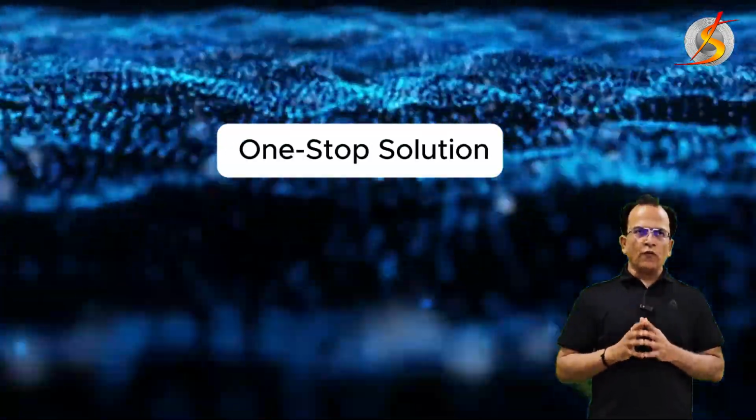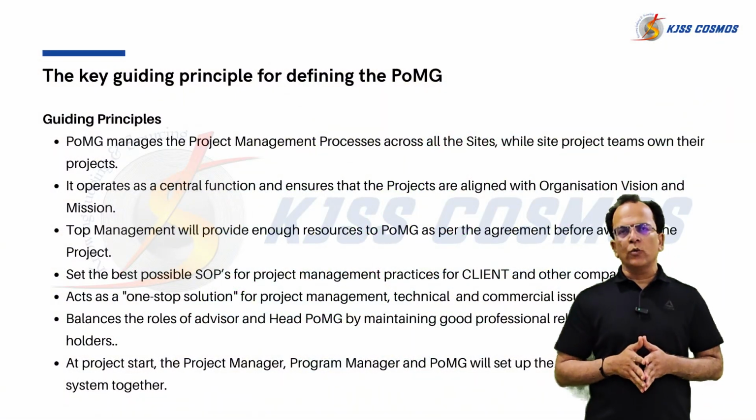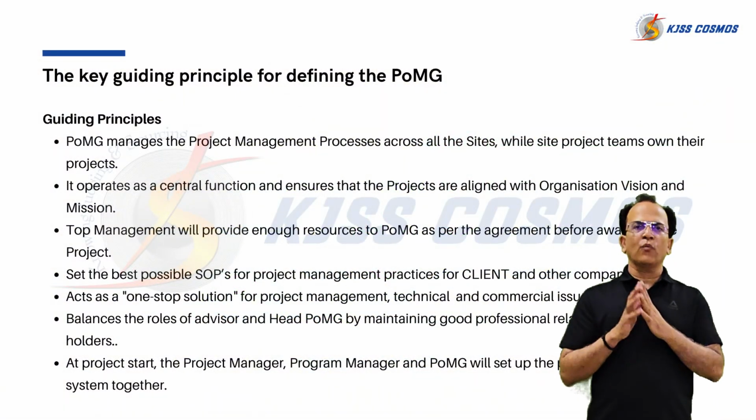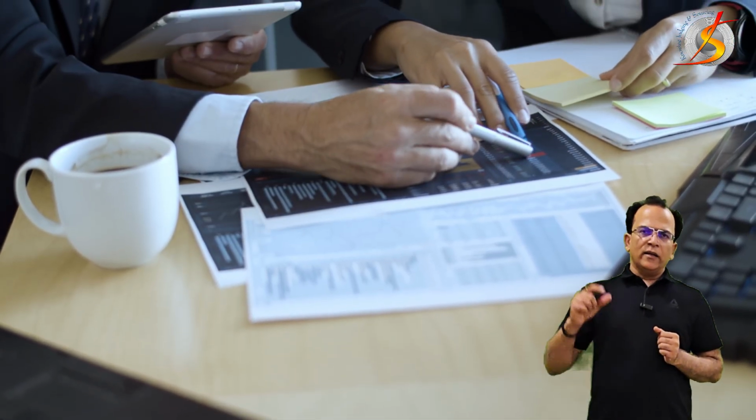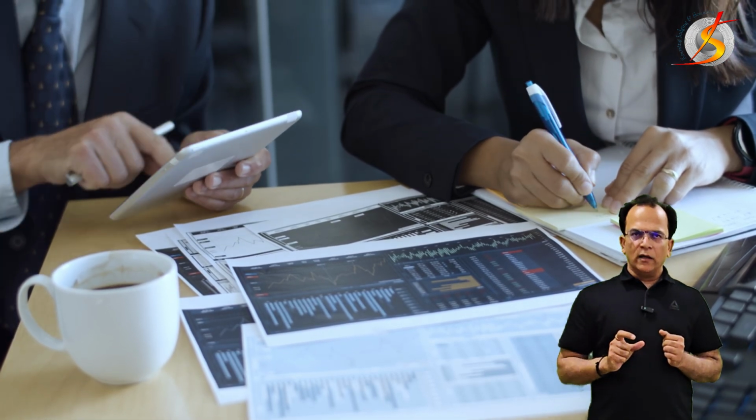Now coming to the one-stop solution. From project management to technical and commercial issues, PoMG is your one-stop solution. In other words, he is the key account manager for the project.